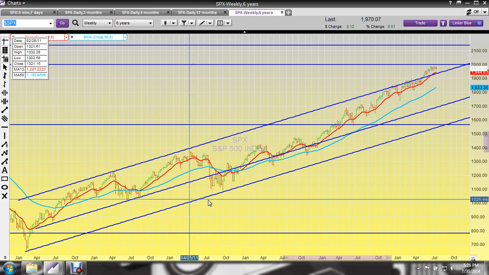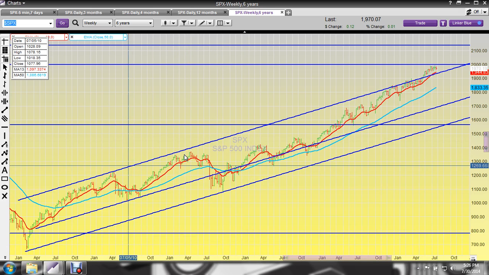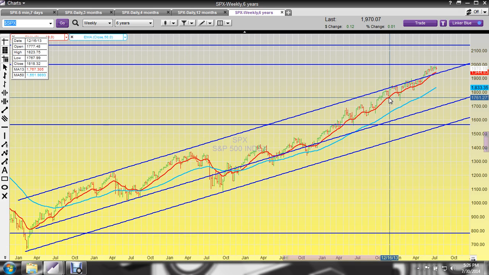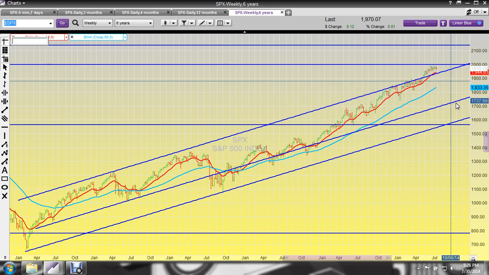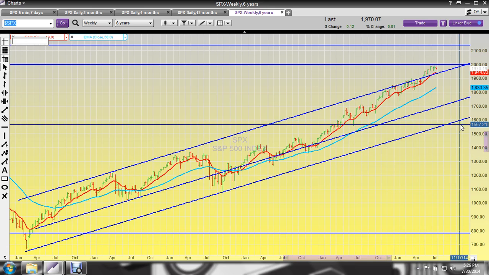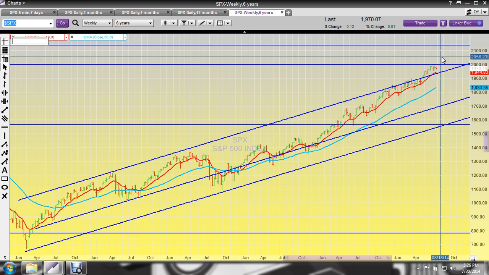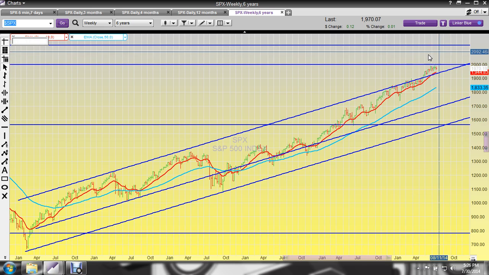My interpretation wasn't right on a lot of these. It was pretty close on a lot of them, but what I'm seeing here is a potential to drop to one of these two lines, or possibly to this lower support line from a high that will probably come in here.